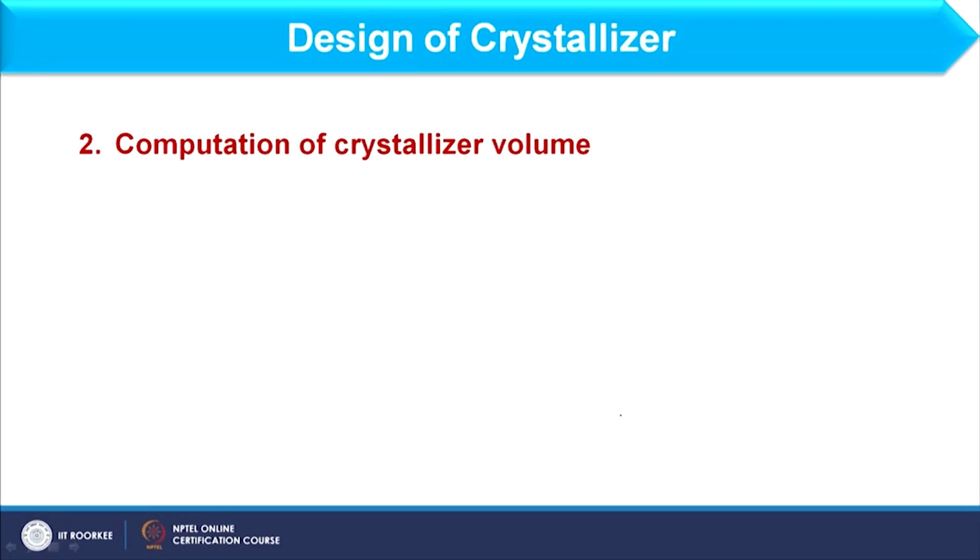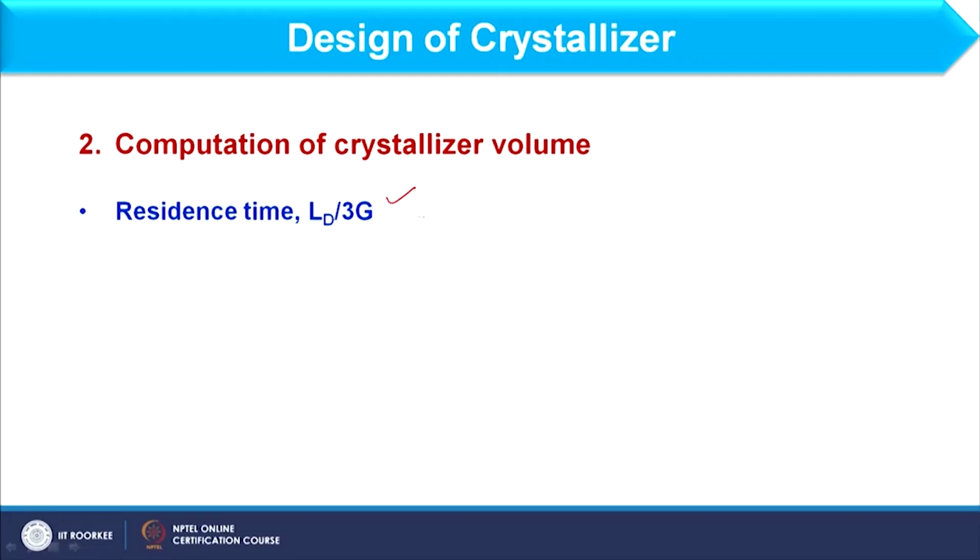Okay. So, as you know, crystallizer volume does not depend only on the solution, it depends on the space which is required for vapor generation. Okay. So, to calculate the crystallizer volume, first of all we should focus on the residence time which is available in the crystallizer, because that residence time will depend on how much crystals are formed. So, we can calculate that residence time using this expression.